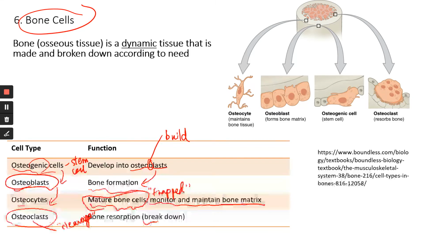So basically, they break down bone matrix so that you can rebuild, right, based on need. So those are the main types of bone cells. So again, remember, osteoblasts, B for building, right, building bone matrix. And then on the other hand, you have osteoclasts, right, cleavage. So they break down bone matrix.